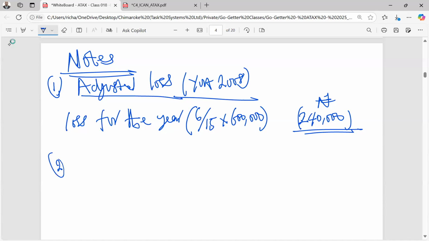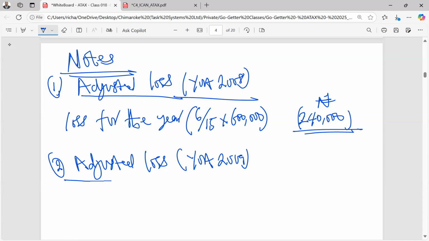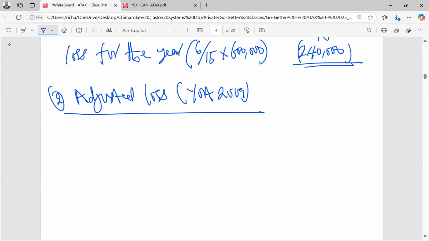Note 2, adjusted loss, year of assessment 2009. So I will say loss for the year.